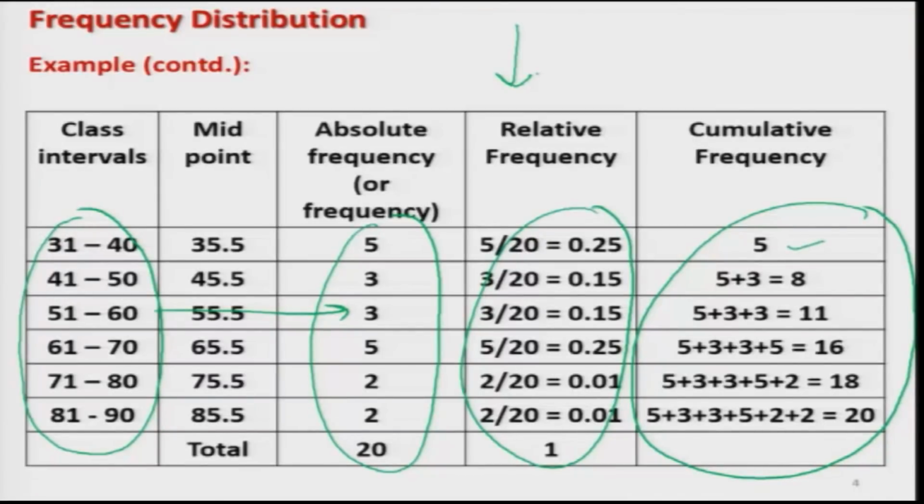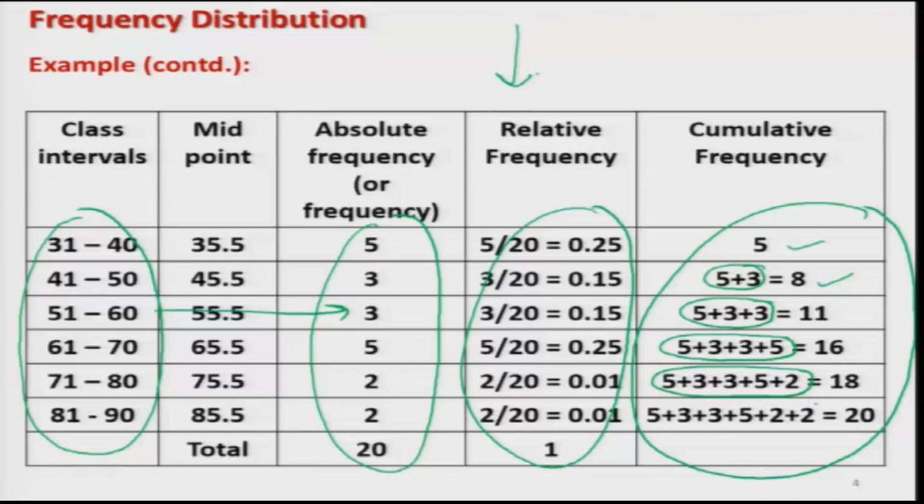First cumulative frequency will be the first frequency itself. Second cumulative frequency will be the sum of the first and second frequencies. Third cumulative frequency is going to be the sum of first, second and third frequencies. Fourth cumulative sum is going to be the sum of the first 4 frequencies, and the fifth cumulative sum is going to be the sum of the first 5 frequencies.